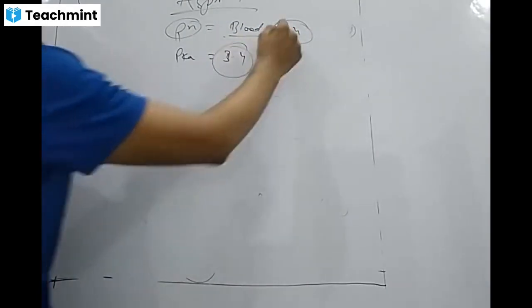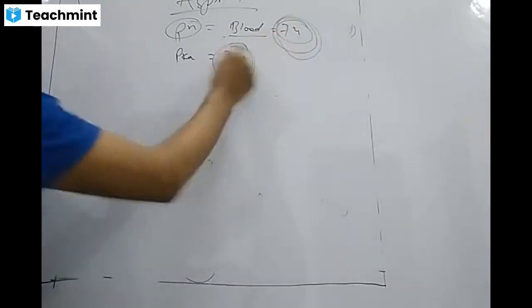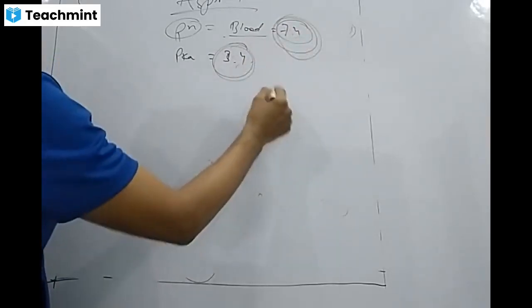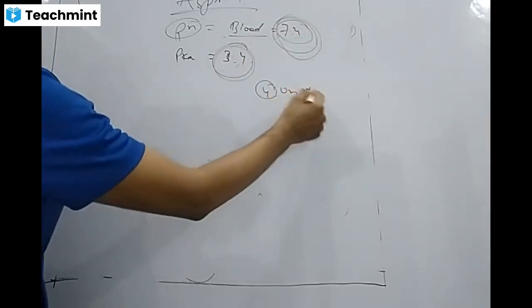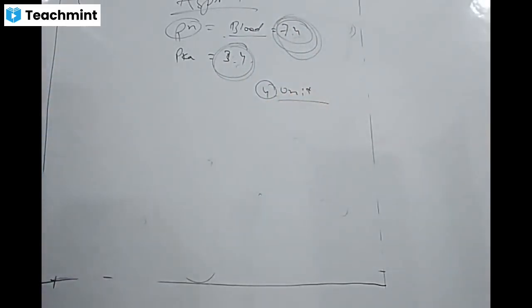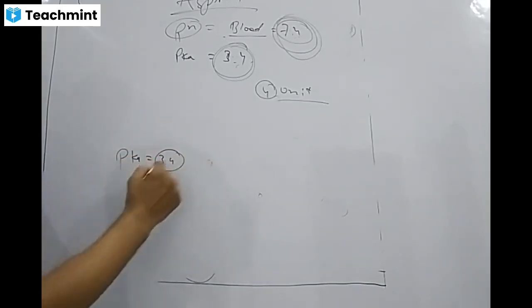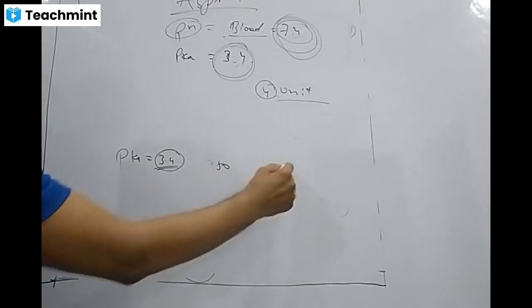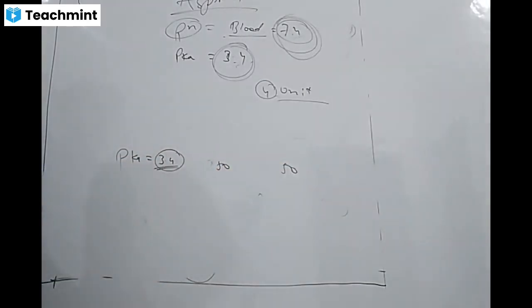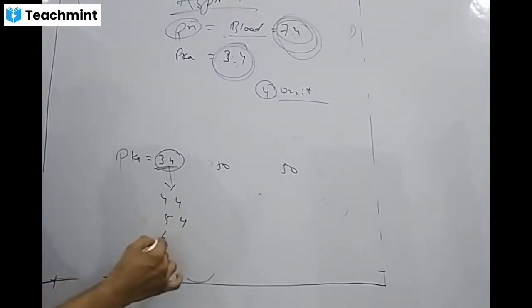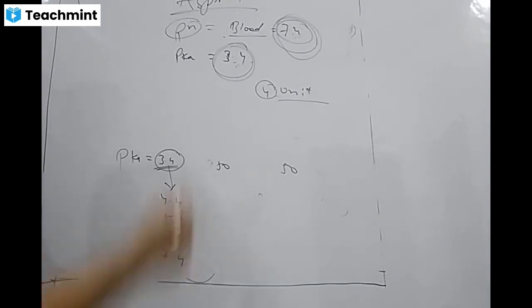If you see these two values, the difference between them is 4 units. It means at pKa 3.4, 50% will be ionized and 50 unionized. If I move to 4.4, then 5.4, 6.4, 7.4, that means 4 units.